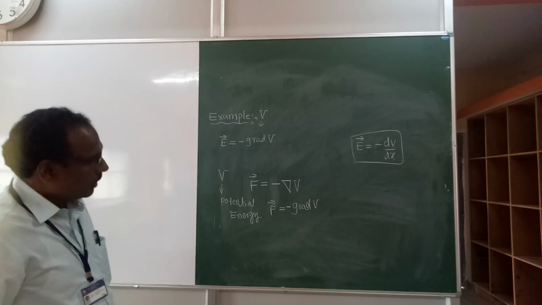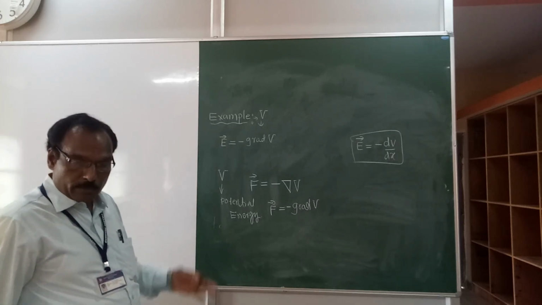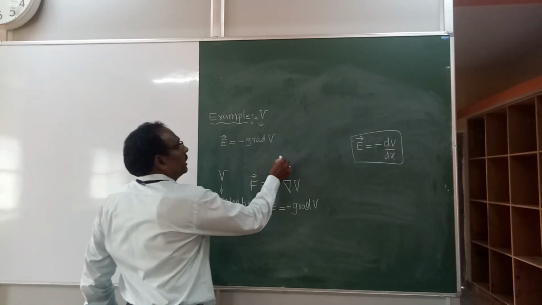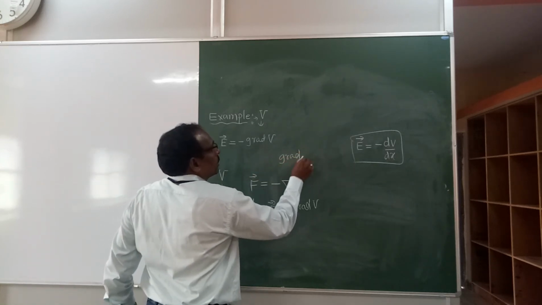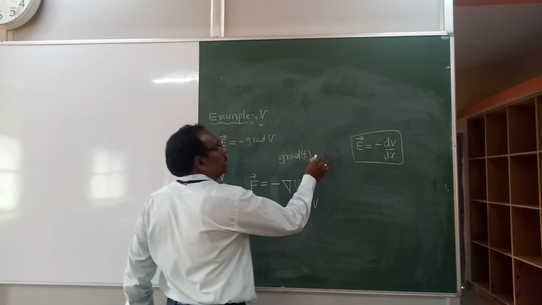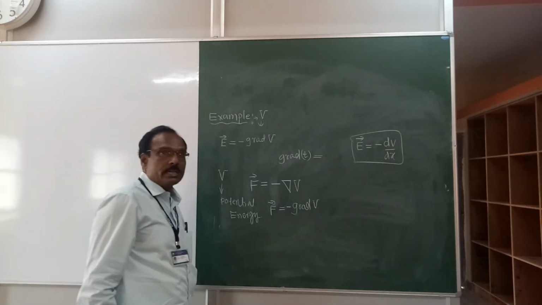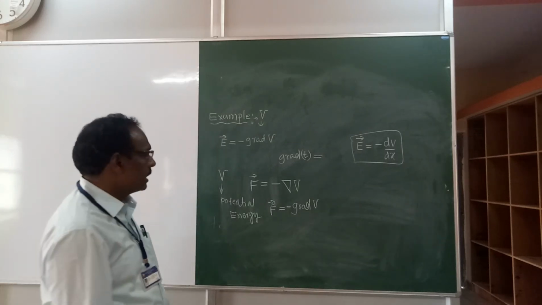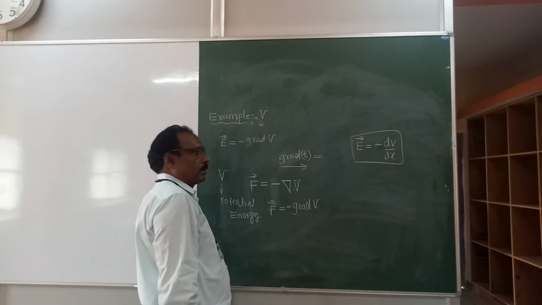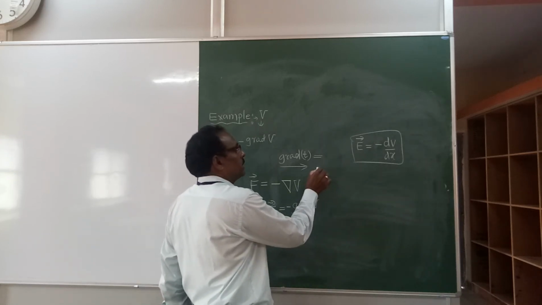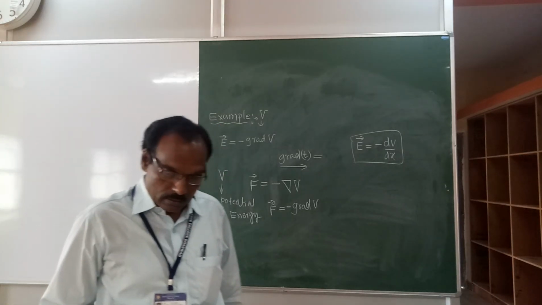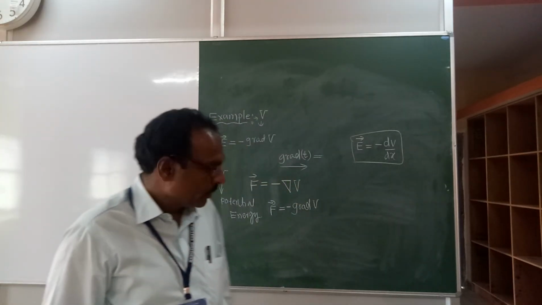Gradient of a temperature is another example. Gradient of temperature, grad T, is the flow of heat. Transfer of heat or flow of heat is an example of gradient of a scalar field.